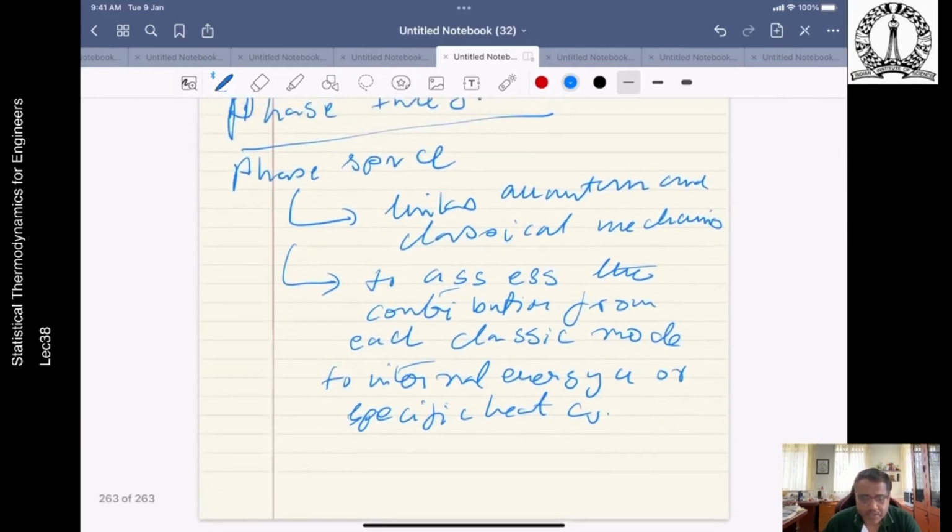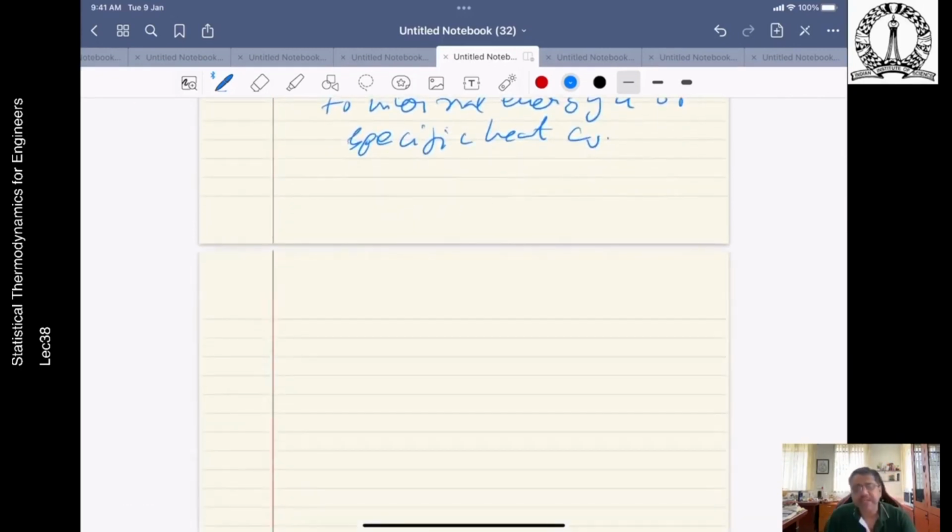Okay, so let us recall the one-dimensional harmonic oscillator.